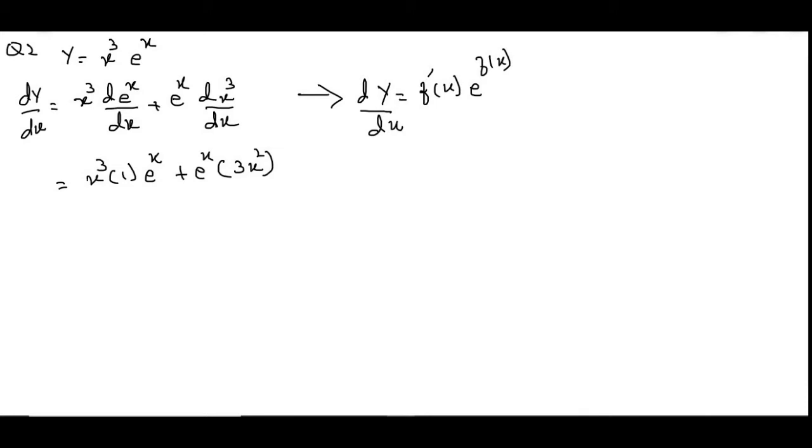That's why the derivative of x is 1. So dy by dx is equal to x cube e raised to power x plus 3x square e raised to power x is the answer.